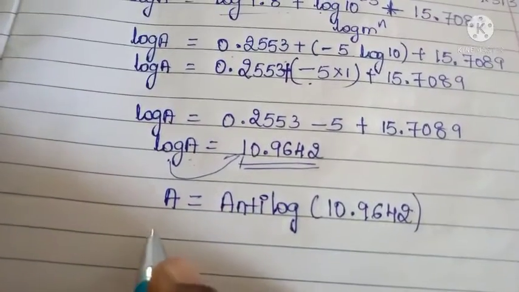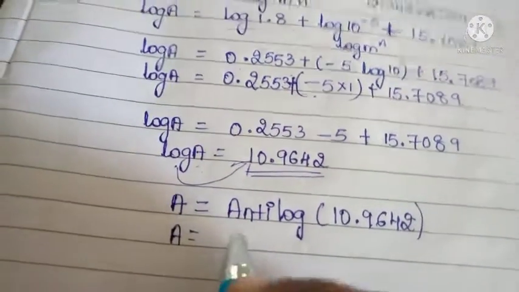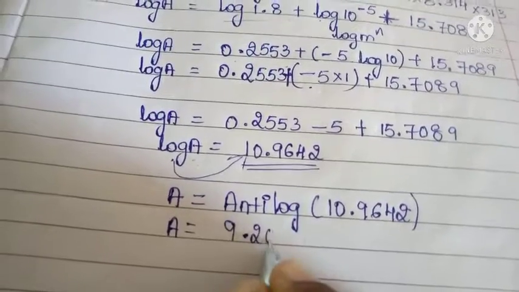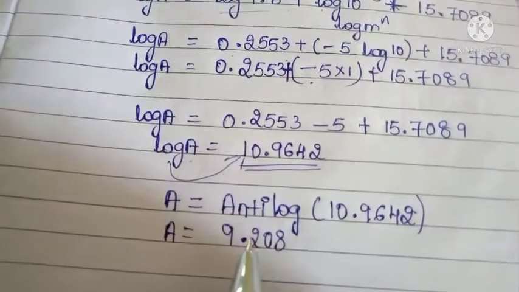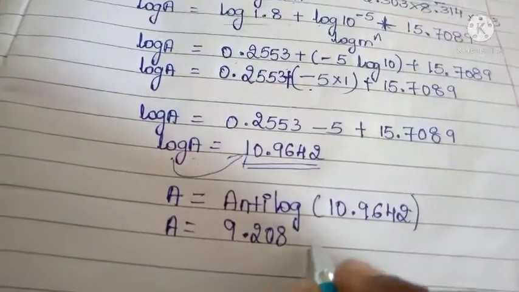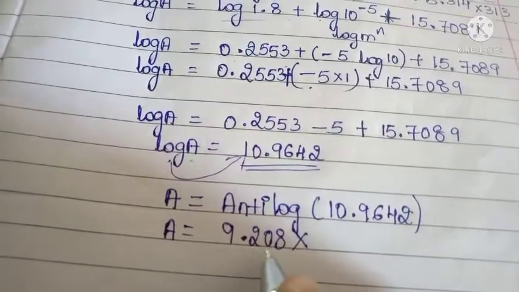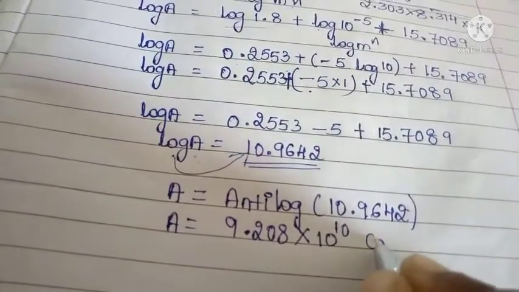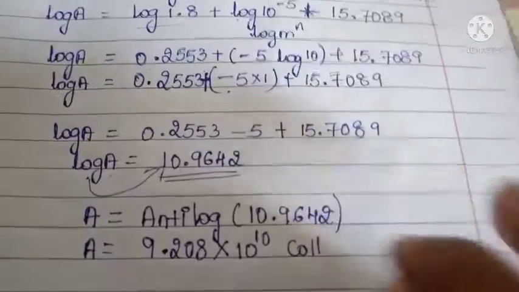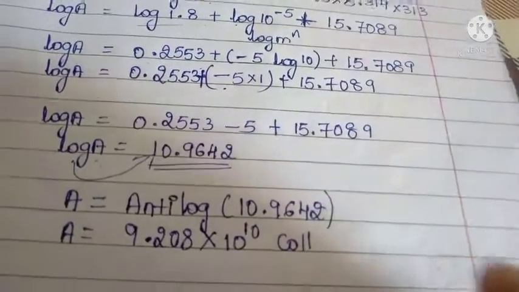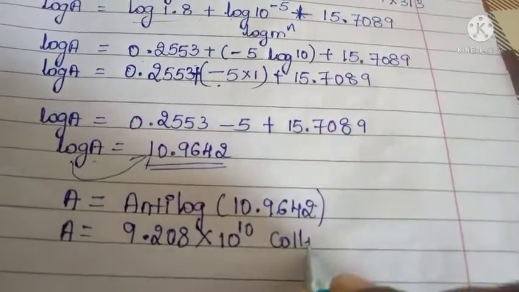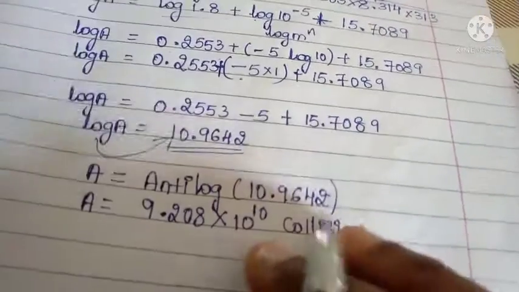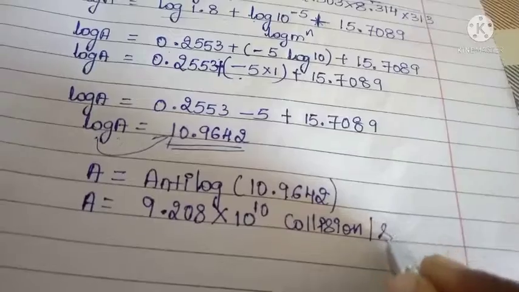Looking up the anti-log we get 9.208. If you don't know how to look up anti-log, I will teach you when classes start. So 9.208 into 10 to the power of 10 collisions. We have to calculate a frequency factor, no? So that's why that is collisions. Frequency means finding the collisions that take place, collisions per second.